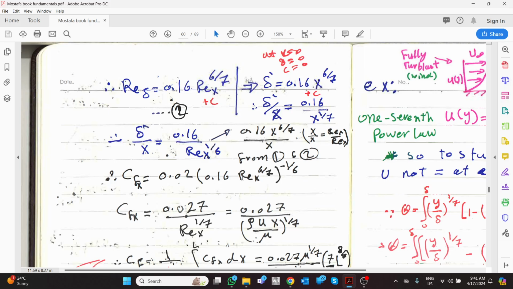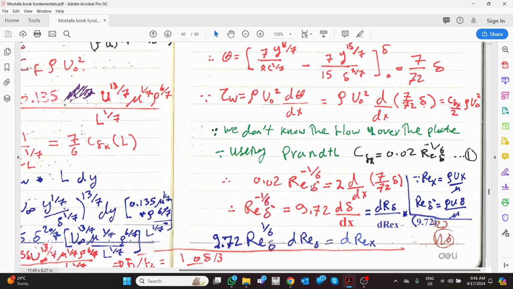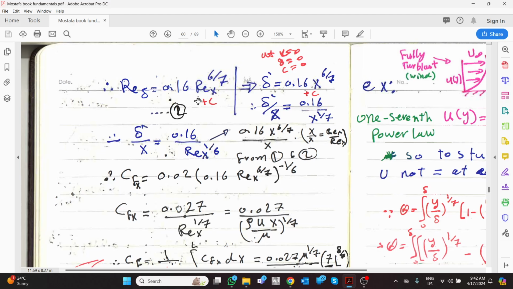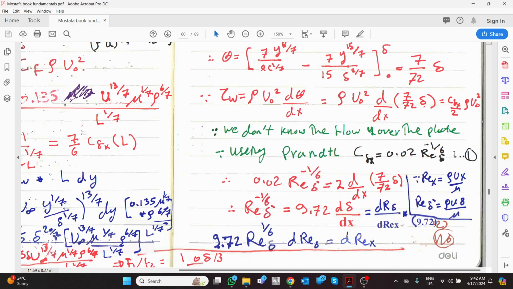Okay, very simple. So it is Reynolds number of delta as here, which is equal to this term, all to the power of minus 1 over x. This is from this equation and from this equation.